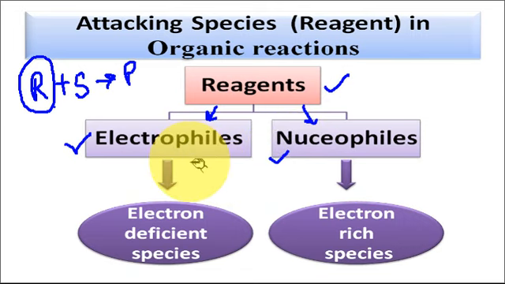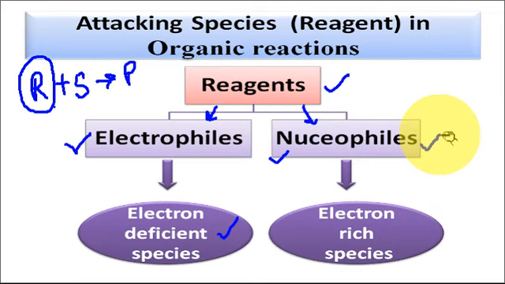Basically, the electrophiles are the electron deficient species, and these behave as Lewis acids. Since these are electron deficient species, they are electron acceptors, that means they have the capacity to withdraw electrons from the substrate. The second one is the nucleophiles.